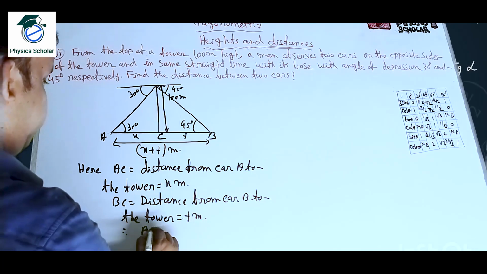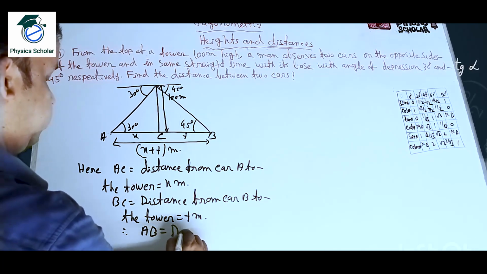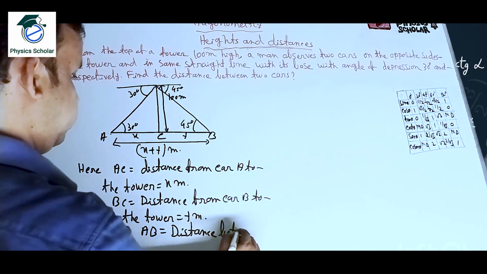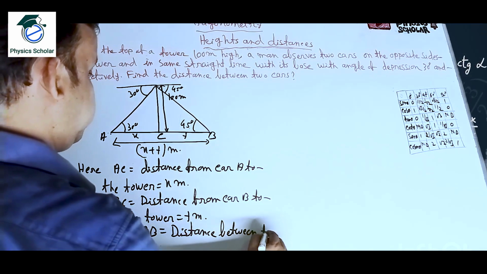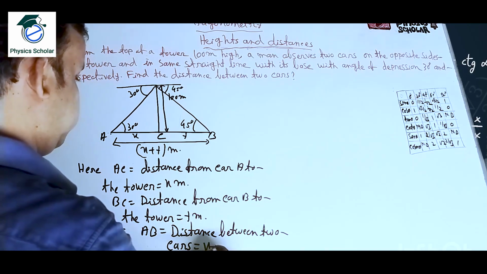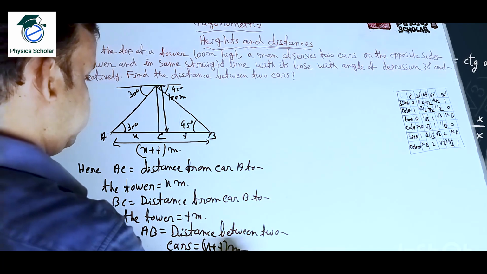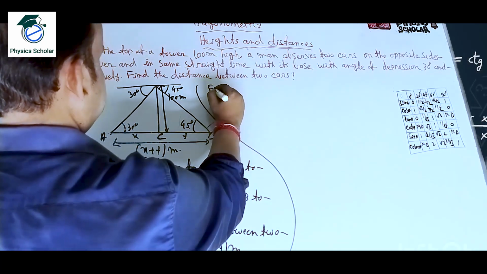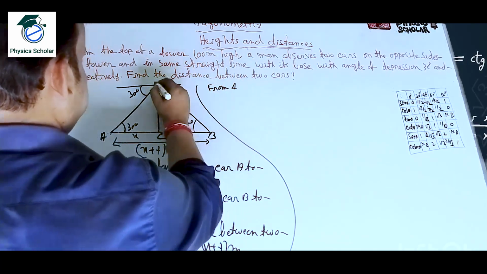So AB is equal to the distance between two cars, which is equal to X plus Y meter. Clear? Now from the triangle, suppose it is D.